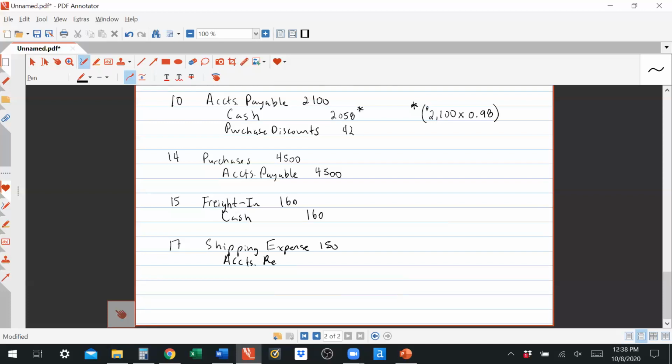Let's do this in 2 journal entries just so we don't get confused. All right. Denton also owes us $2,600 for the stuff, and they pay within the discount period. So we're going to debit cash for $2,600 times 98%, or $2,548.